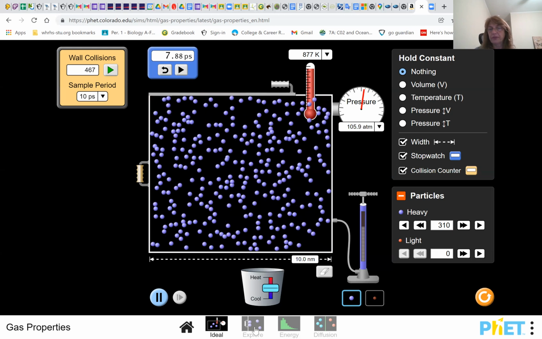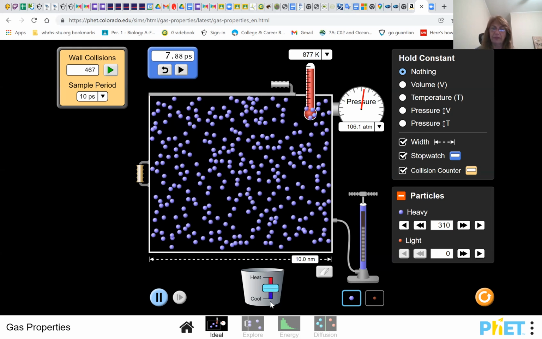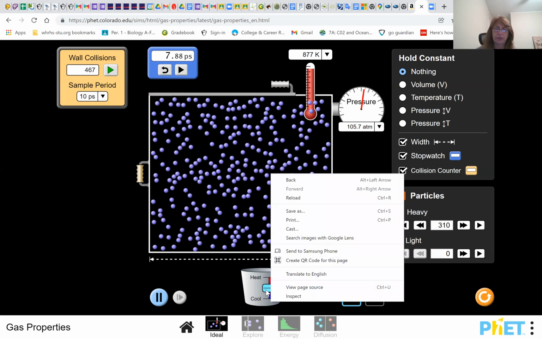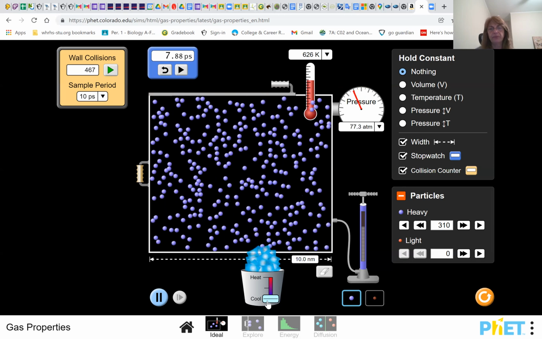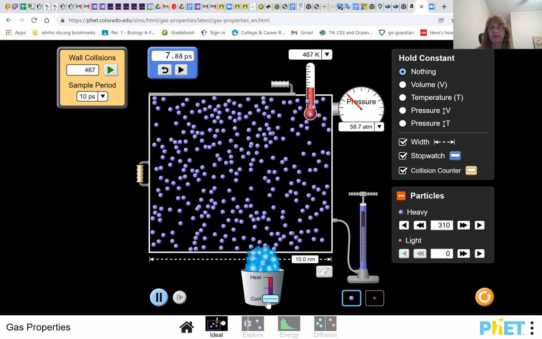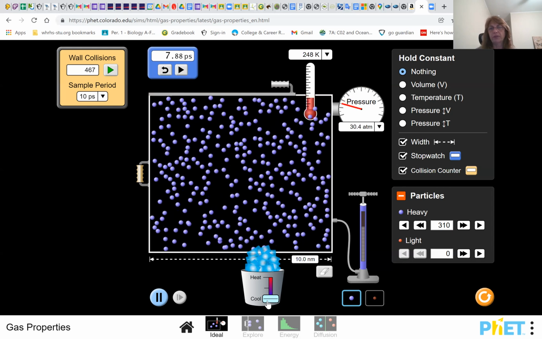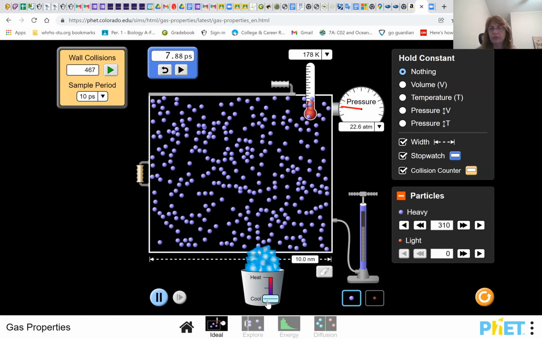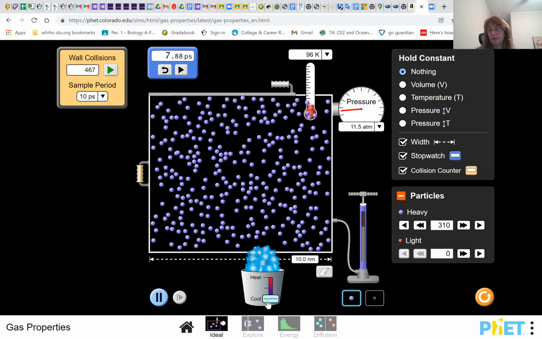So let's take a look at what happens if we cool our substance down. Cool it down, sit our container on some ice maybe, and look not only at that temperature, but also at how the pressure is decreasing as we decrease temperature.